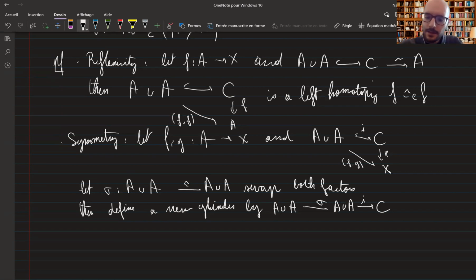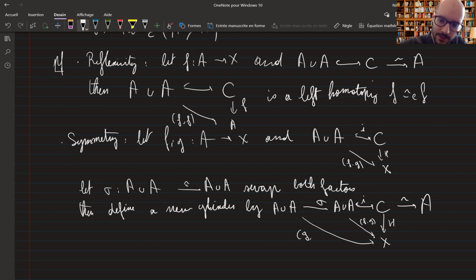Because sigma is an isomorphism, this is a cofibration. I is a cofibration, so the composite is a cofibration. And you go back into A. And here, if you do H, then because here you have F, G, here you have G, F, because you swap the two things. So it's the same homotopy, but the cylinder is different.